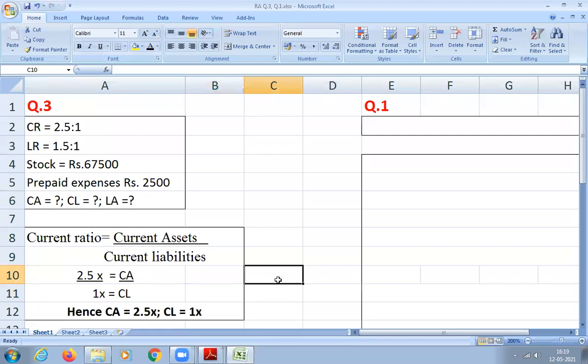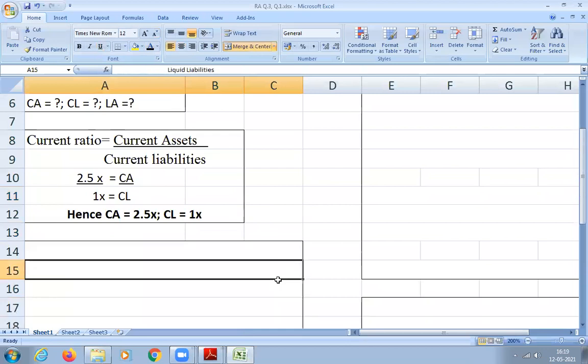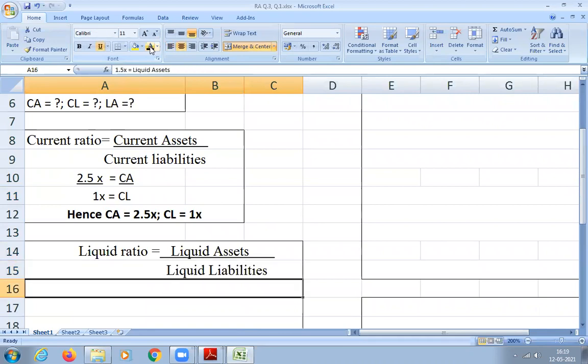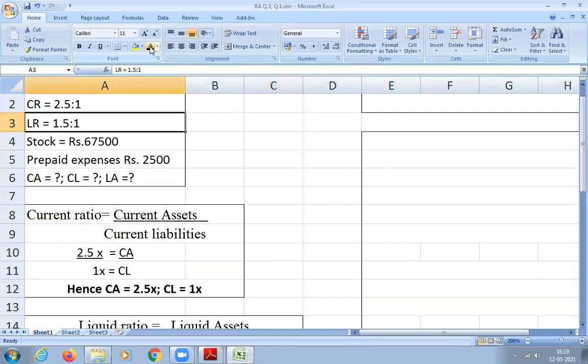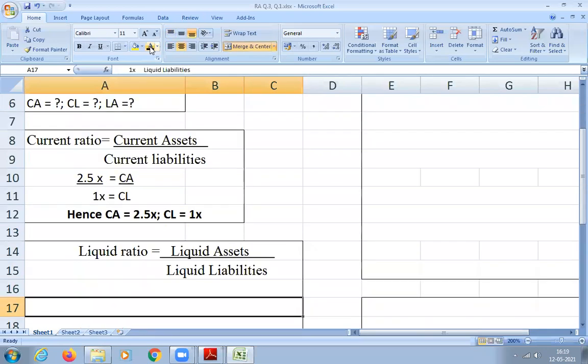Next, liquid asset. Which formula do you use for that? Liquidity ratio is given. How much has he given? Liquid ratio 1.5:1. That means 1.5x divided by 1x. Write down, substitute that.